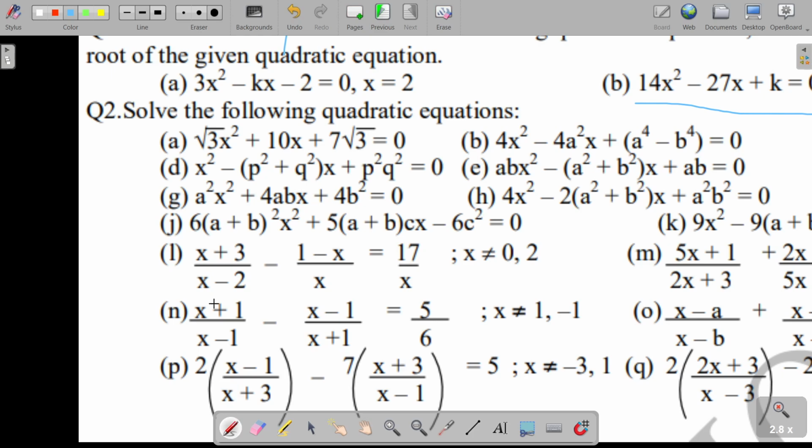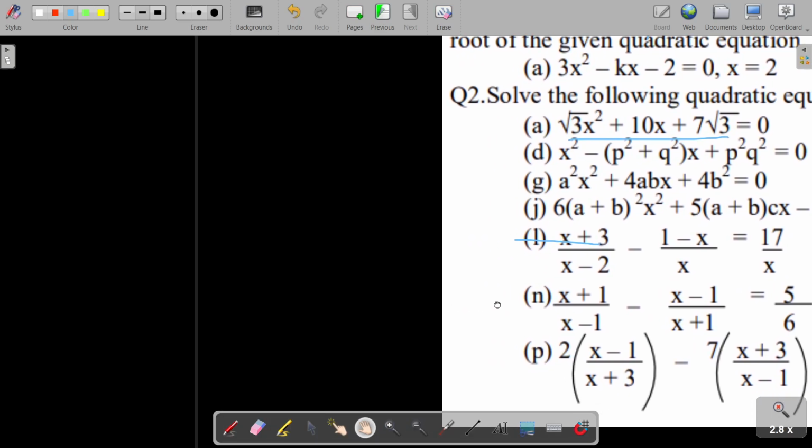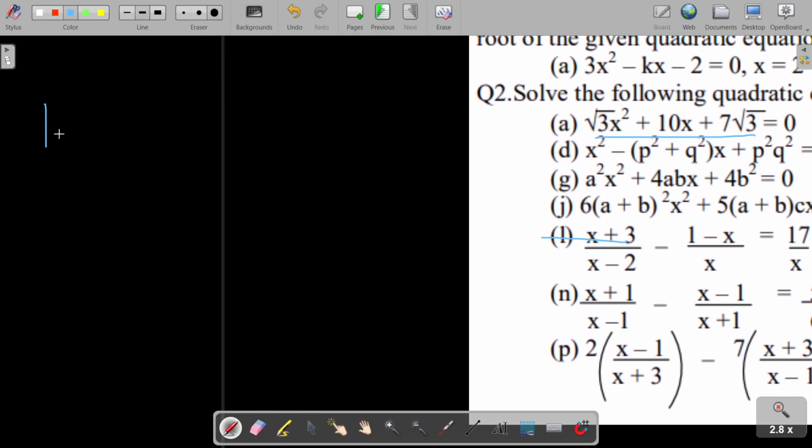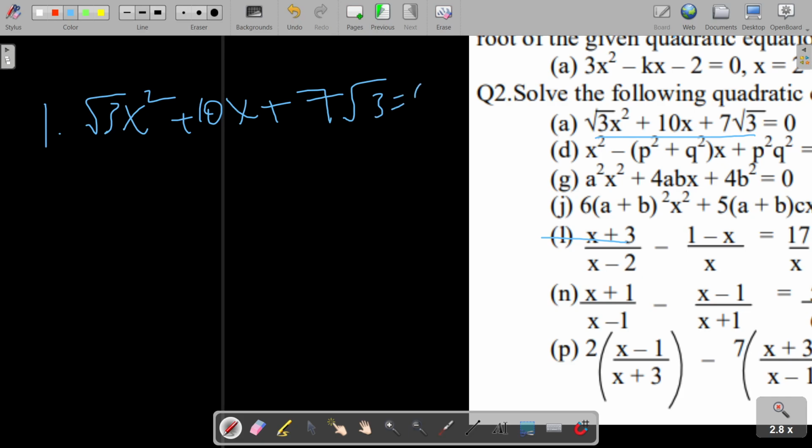Let's solve this next problem. Let me write here: root 3 into x squared plus 10x plus 7 root 3 is equal to 0.